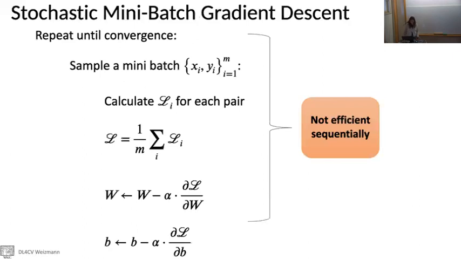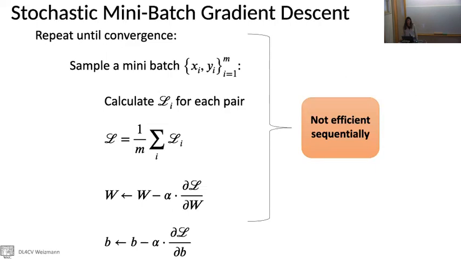So let's go back to this algorithm of SGD. We sample a mini batch, and then the tricky part is calculating the loss for each one of the pairs. If we do a for loop calculating the loss for each one of the examples, it's going to be computationally heavy if the batch is large.